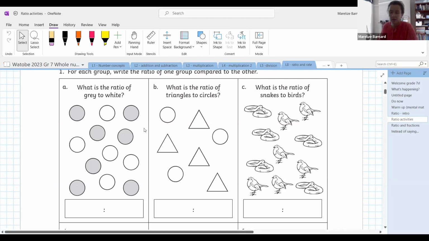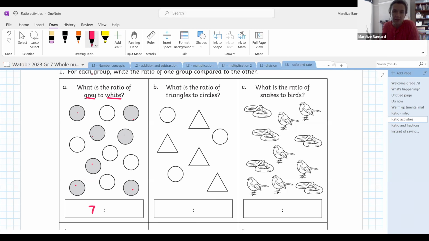Okay. Right, guys. So let's have a look. I see people say the first bunch of answers are done. So what is the ratio of grey to white? Put it in the chat. So grey goes first. So you have to write the grey number first. 1, 2, 3, 4, 5, 6, 7. And 5 for the white.